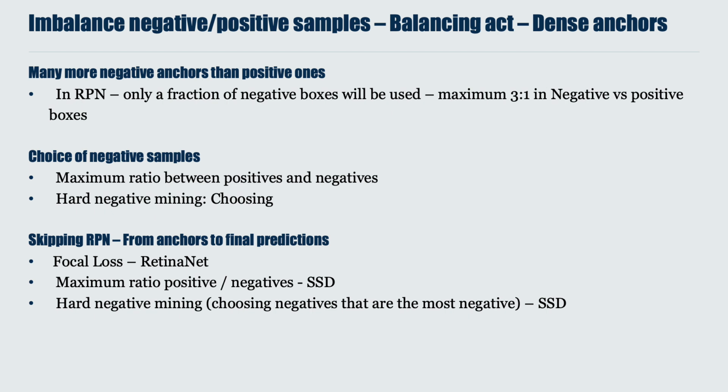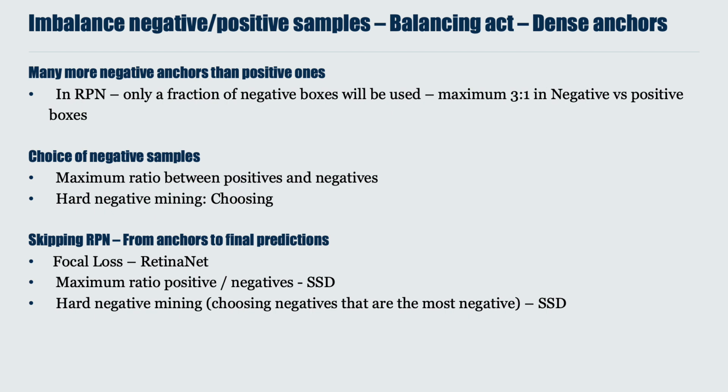To choose the negative samples, you have different ways. You may actually want to do some hard negative mining, meaning that you really want to separate well between the negative and the positive, and you take the most negative proposals in your set of anchors.